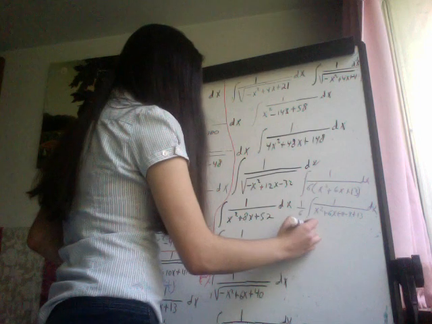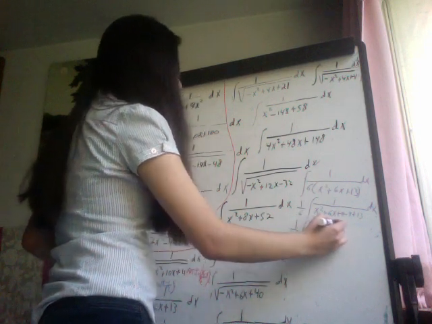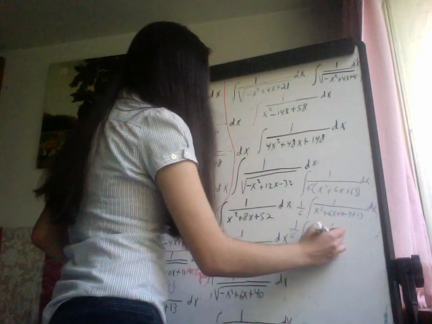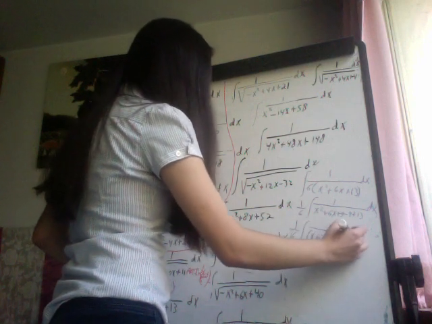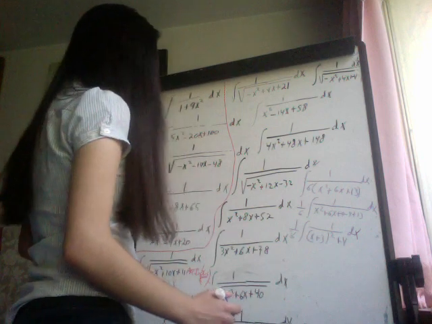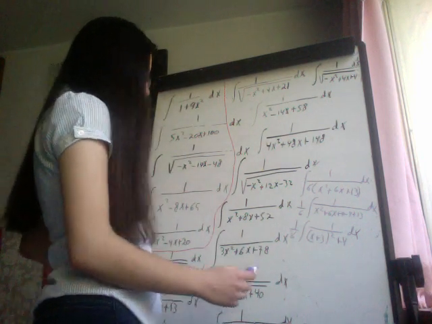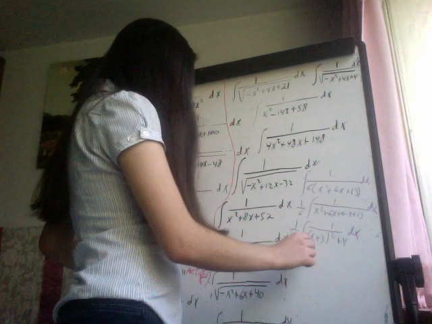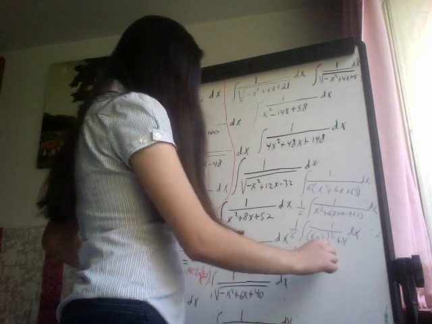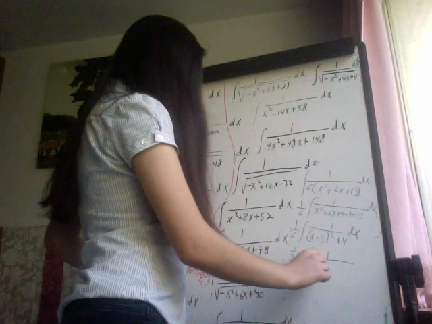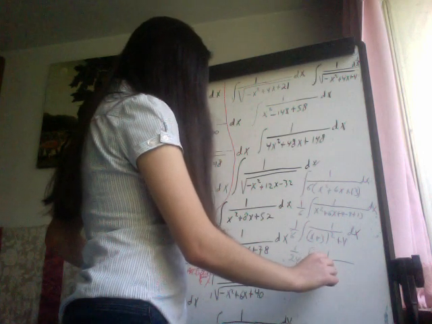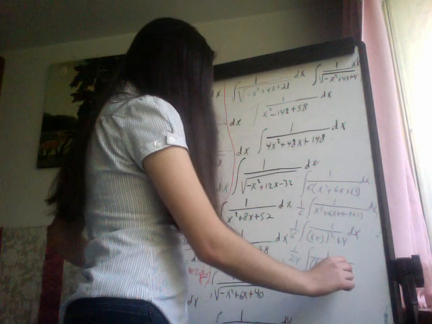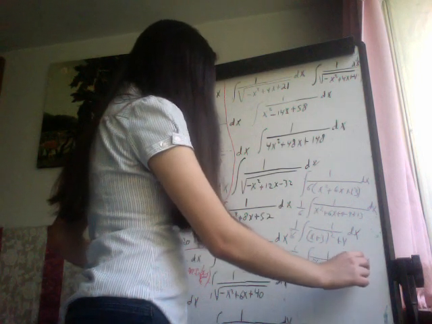So 1/6 times the indefinite integral of 1 over (x plus 3) all squared plus 4 dx. Divide everything by 4 and we have 1 over 24 times the indefinite integral of 1 over ((x plus 3) divided by 2) squared plus 1 dx.